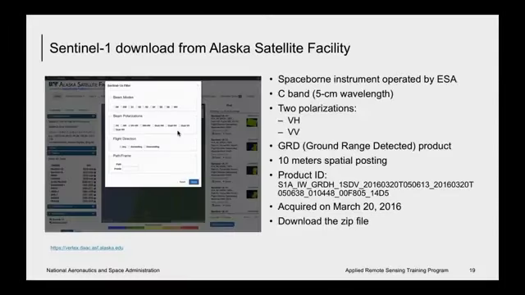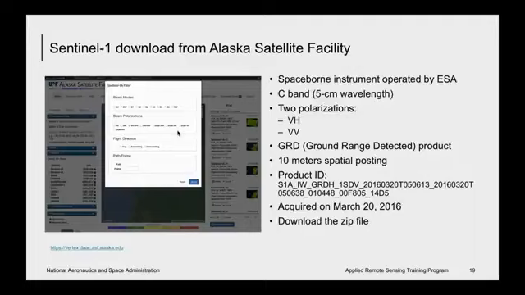The first step that I did was to download Sentinel from the Alaska Satellite Facility. I downloaded an image covering Libreville, the area that I showed at the beginning of this presentation. And to recall, Sentinel is a C-band instrument, so the wavelength is around 5 centimeters. It's a spaceborne instrument. It's operated by ESA, the European Space Agency. We have 2 polarizations in this case.